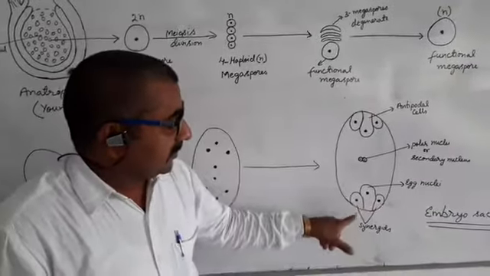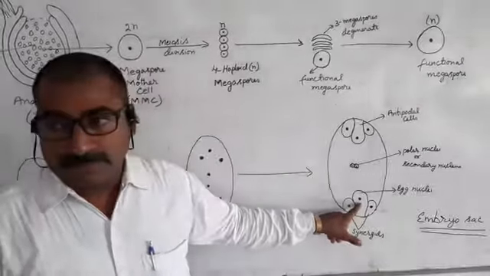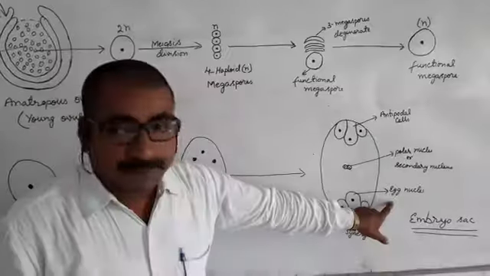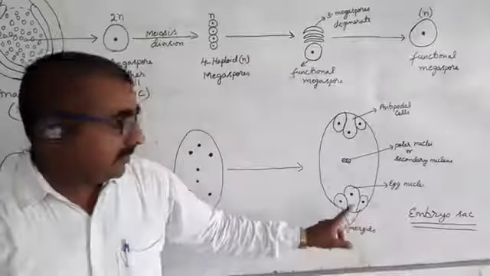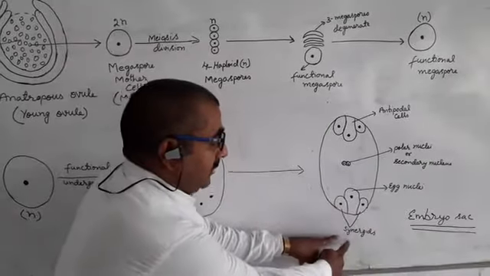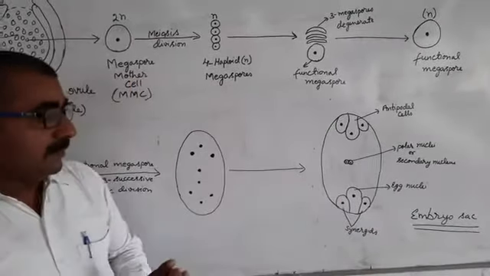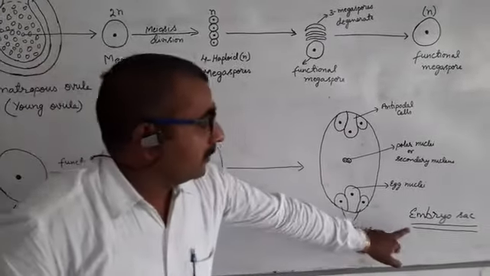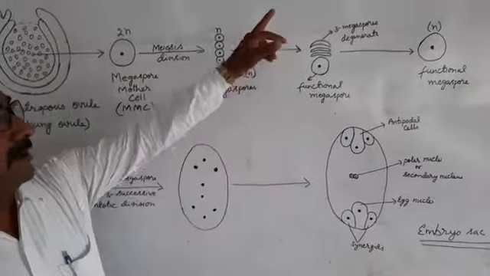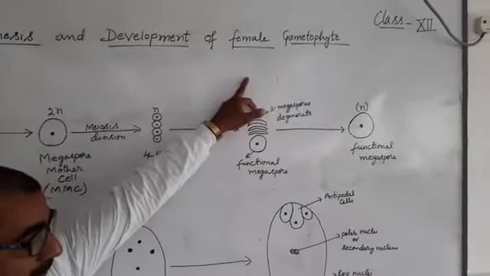Out of these 3 cells, the middle one is known as the egg, and the 2 lateral cells are known as synergids. So this is the complete structure and development of an embryo sac, also known as the female gametophyte.